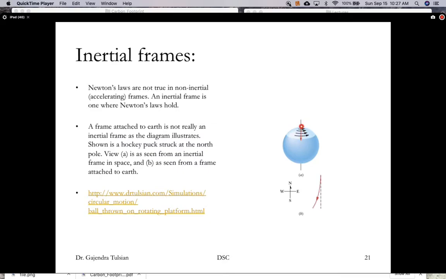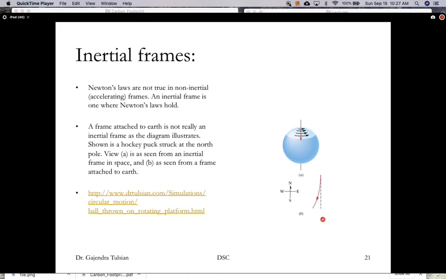So, for instance, let's say you're playing ice hockey and you're at the North Pole. You hit a puck. Again, the puck is going on a frictionless surface, which is the ice. So if you're watching this from space, from a satellite, what you see is a puck going straight, and the Earth is spinning underneath the puck.